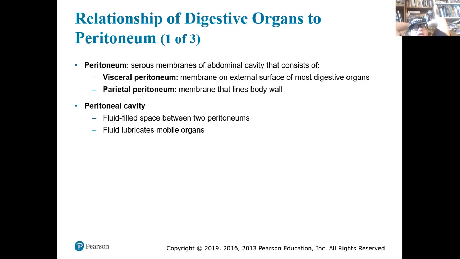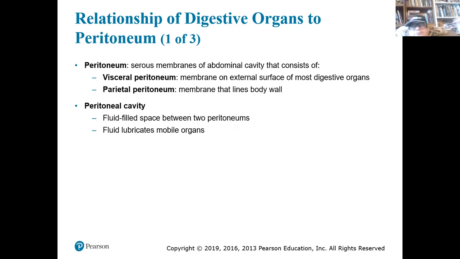Now this peritoneal cavity, it's a serous membrane. So the cavity in the middle of it has fluid, and that fluid lubricates the organs, makes it easy for them to move around a little, move past each other. This is good.